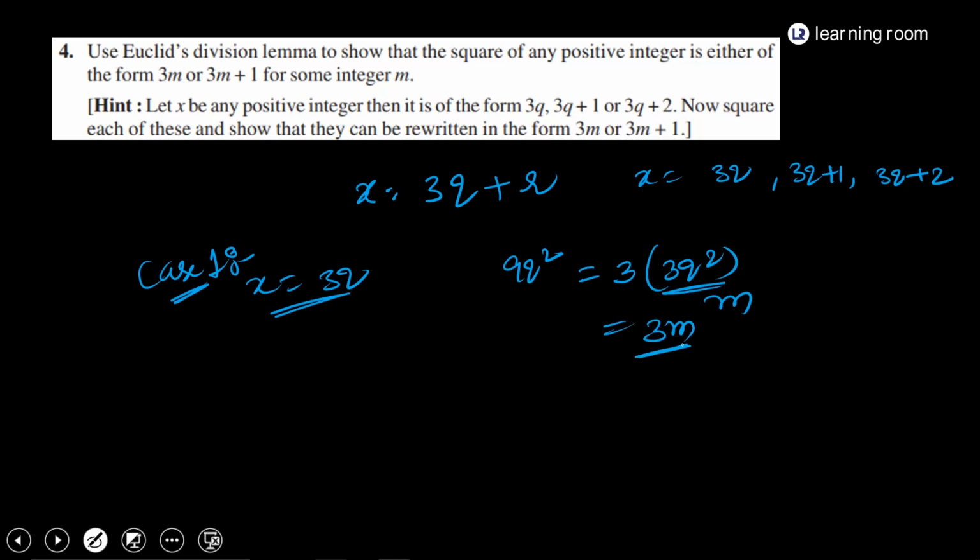Right? Now can you do it for the 3q plus 1 case? Now take case 2, 3q plus 1, square it and express it either in the form of 3m or in the form of 3m plus 1. Kaushik?